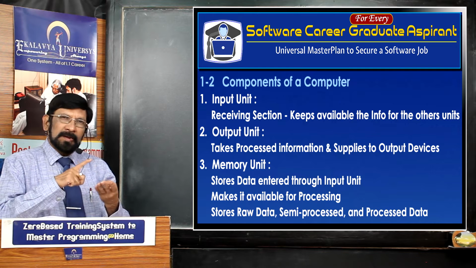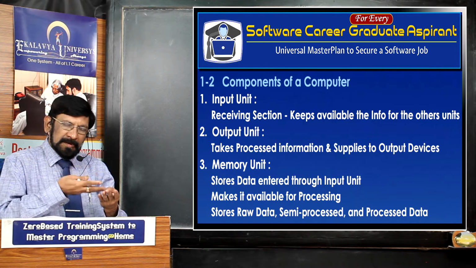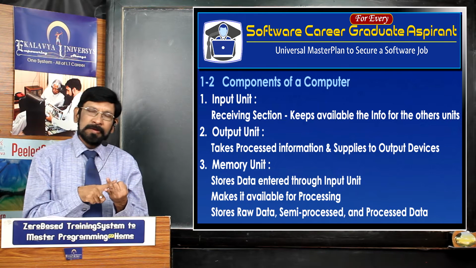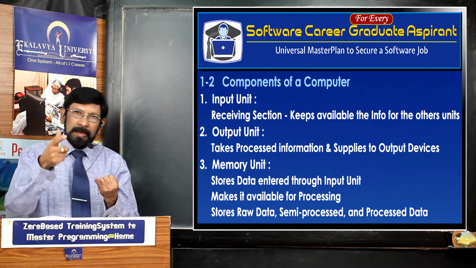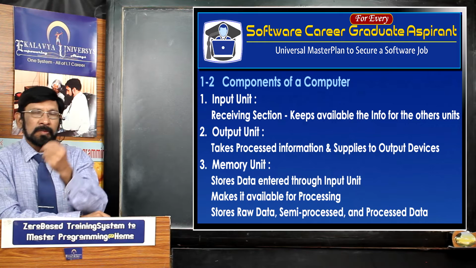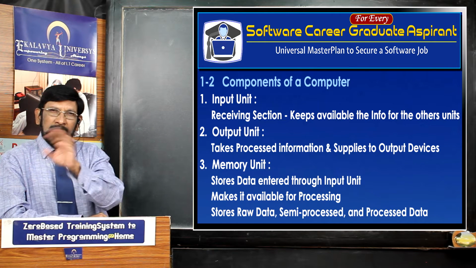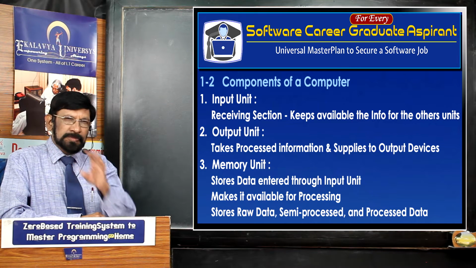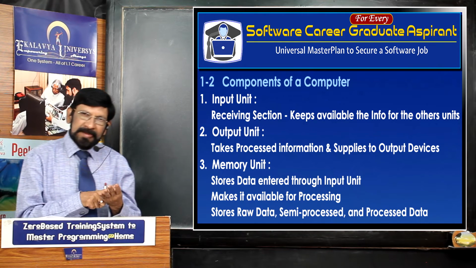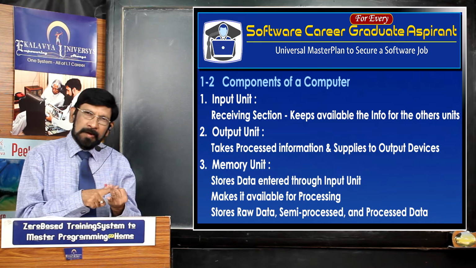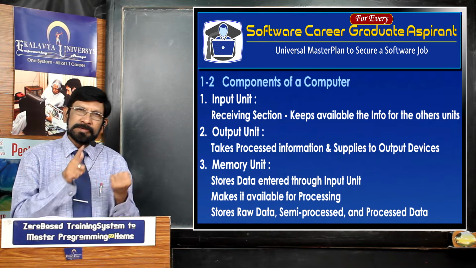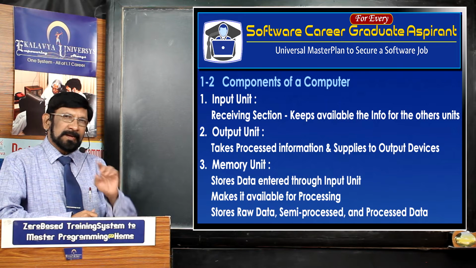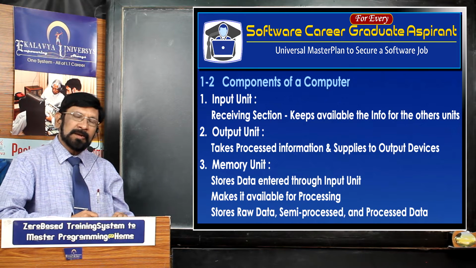Not only text, but images, audio, video, GPS (global positioning system), and barcodes. All that are data. Text, images, audio, video, GPS, barcode, all this is data. You have to think in a broader manner.